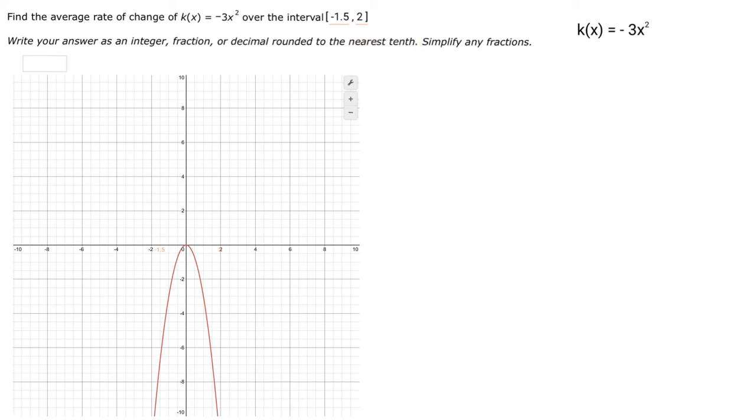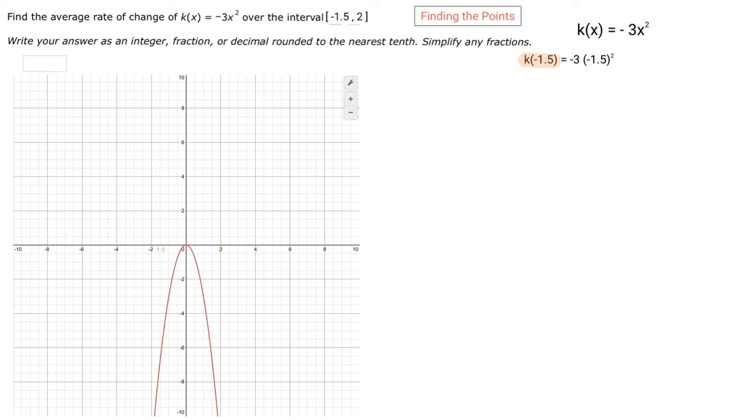So I'll show you how to do this manually by substituting values of x into the function, and also how you can pull up a table on the calculator, which is a bit of a shortcut. So to find our first point, we're going to take this negative 1.5 and plug it into our function. Just to avoid confusion here, this right here, k of negative 1.5, is not a multiplication.